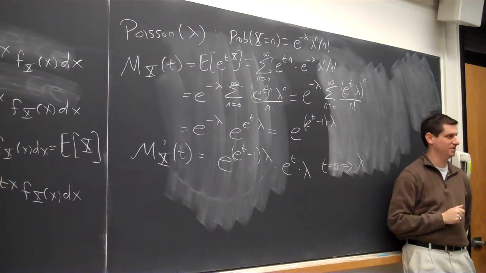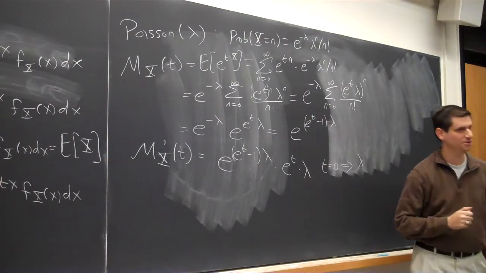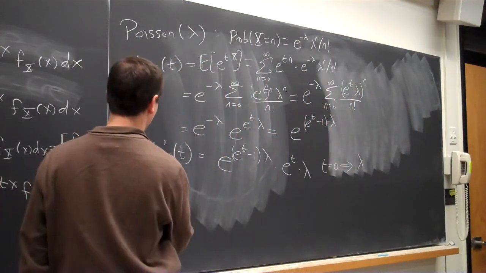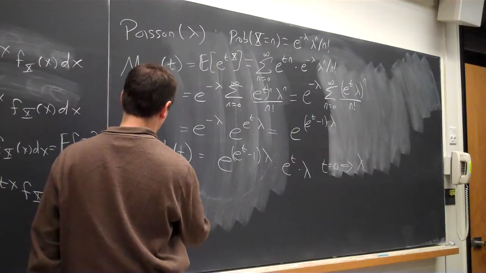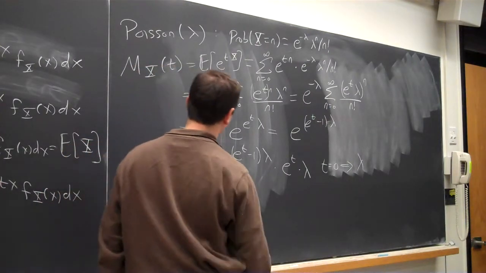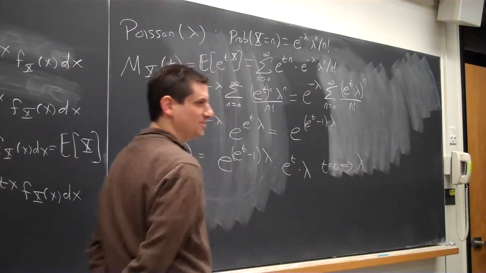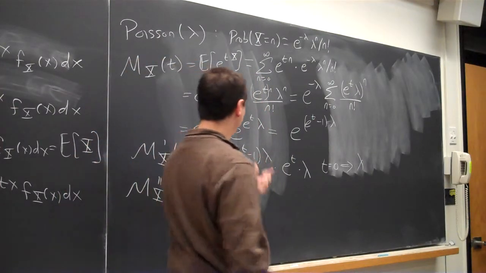What about the variance? What do we need to compute? Second derivative. And you'll see when I give up. Alright, so we have to take the derivative of this. What rule do we have to use? Product rule. So the first is the derivative of this piece.